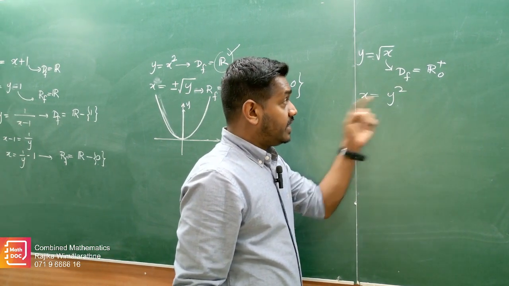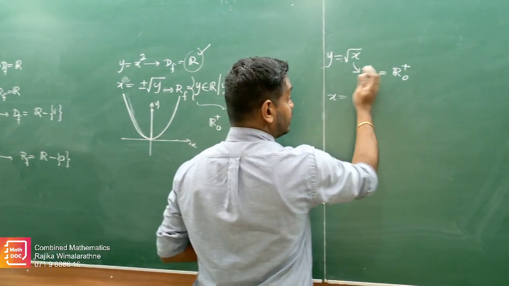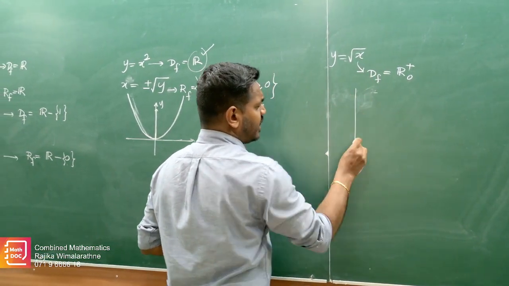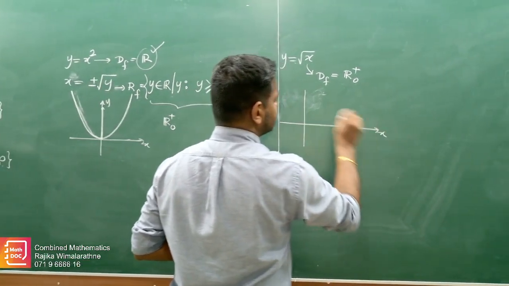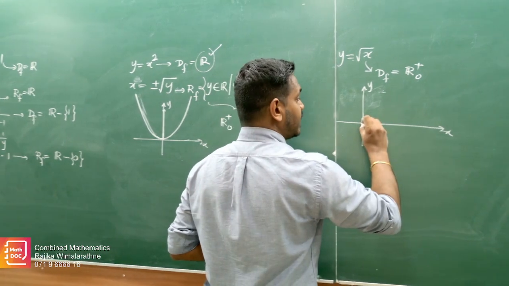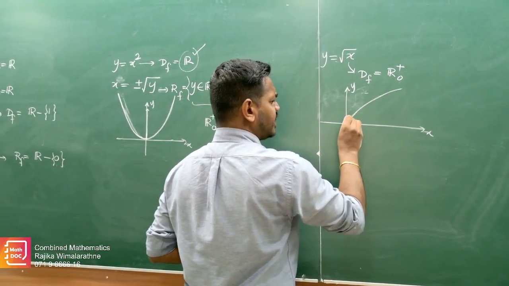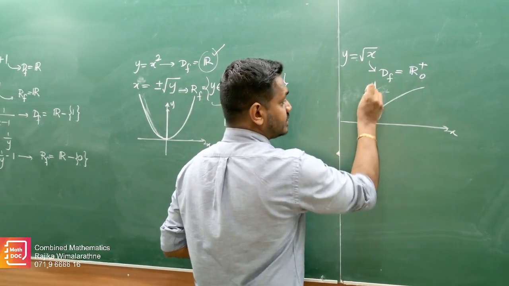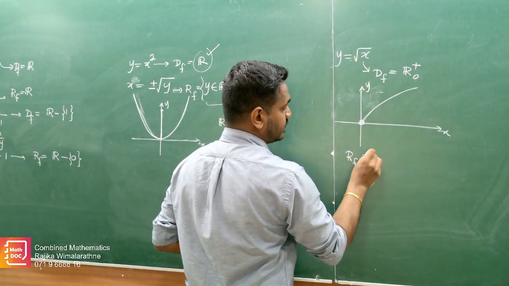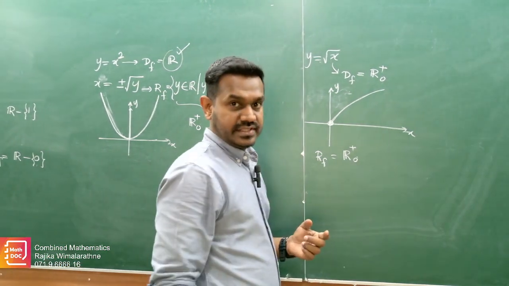Then you need to select possible y values. But let's check this graph. Here the x-axis and y-axis. According to that, we can sketch this. Here is the graph. Its range is again positive real values and 0.